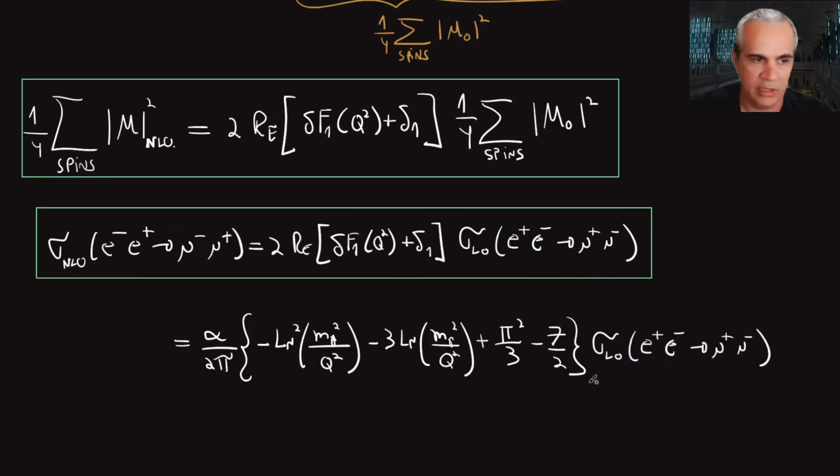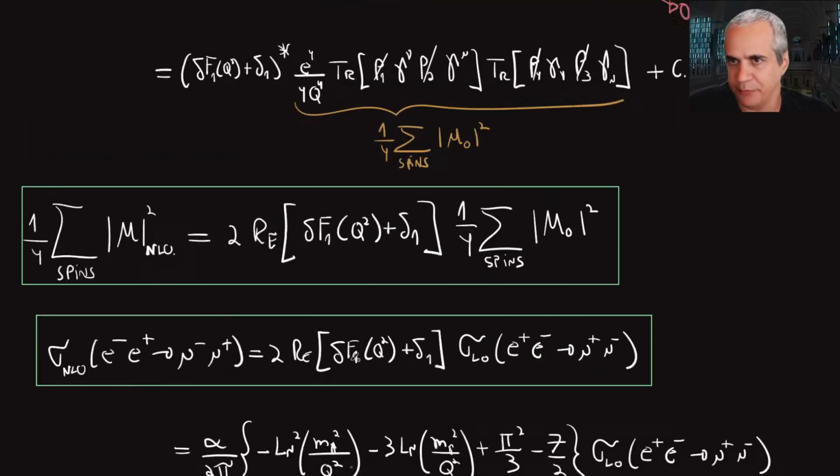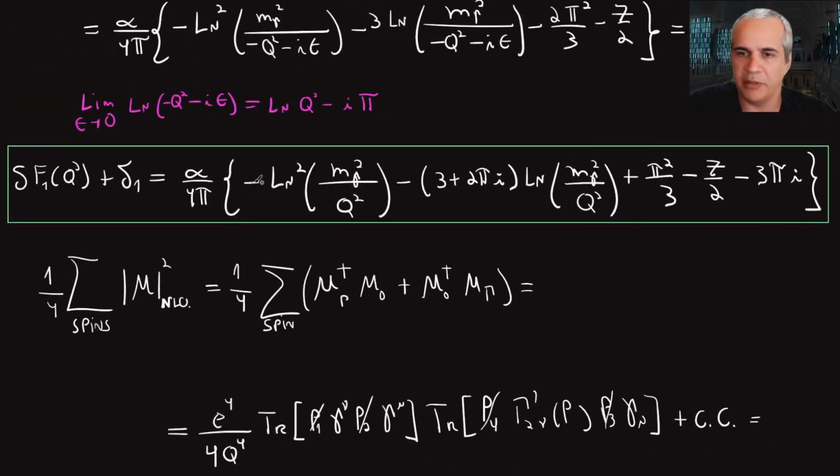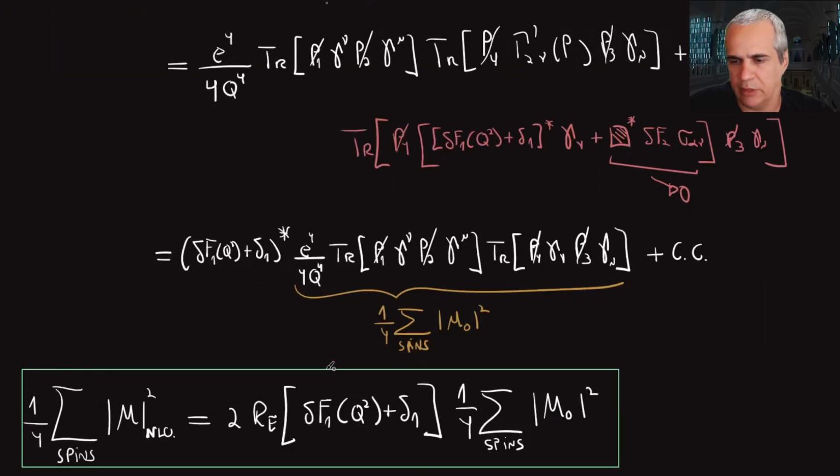So I got this correction to the cross section, right? If you're confused, I'm just copying the real part of this expression right here down there. So this went away, everything else is the same, right, here.